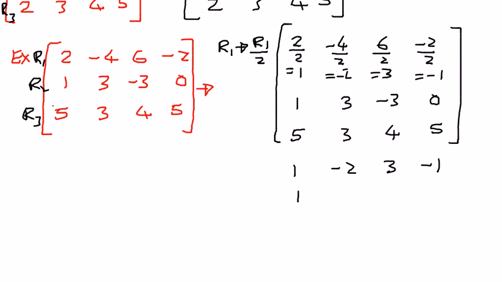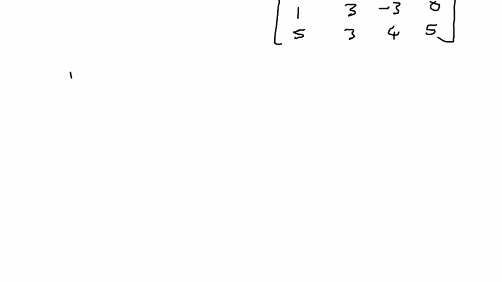The second row is 1, 3, -3, 0, and then we have as a third row 5, 3, 4, and 5. So this is the way we can use the properties of matrices to divide a particular row throughout by a non-zero number like this.